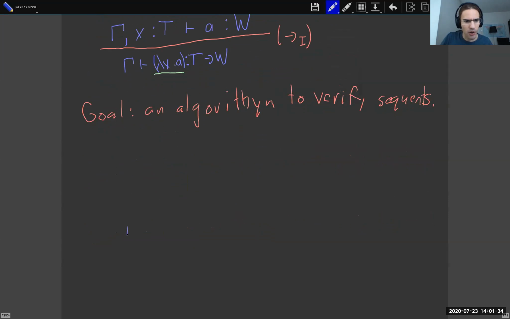In a completely empty context, I'd like to look at the term lambda A, lambda F, and then it takes F and applies it on A. And I claim that this term has type A to (A to B) to B.